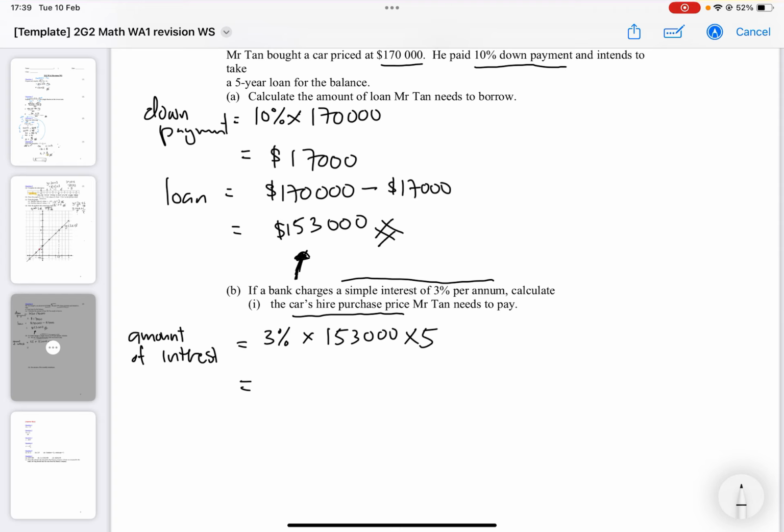Sorry, wrong. 153,000 times 0.15 equals 22,950.